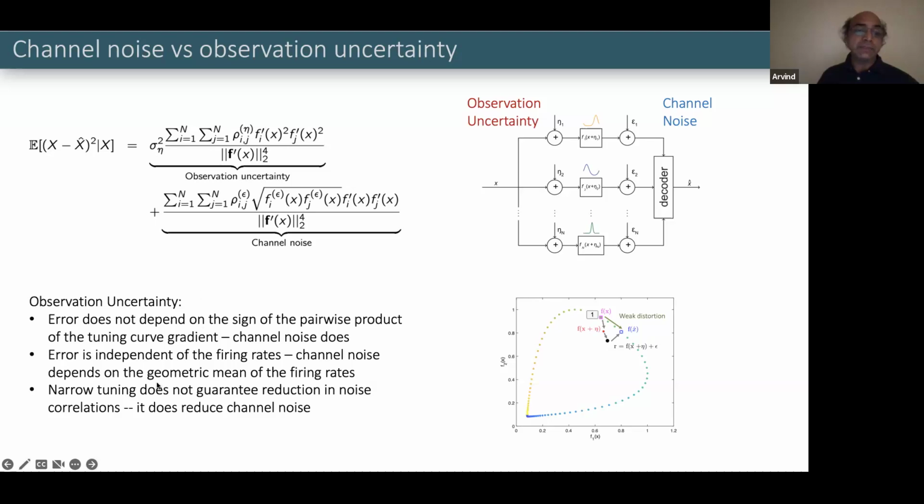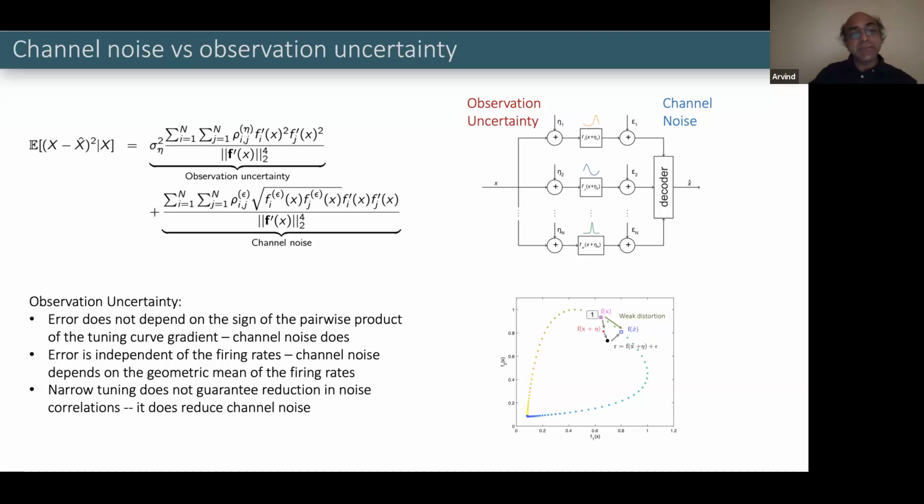At least for this, narrow tuning does not guarantee a reduction in noise. Whereas if it were the channel noise, if the tuning becomes narrower, we get a better coding. So this is something that one could now develop and perhaps try to measure observation uncertainty and channel noise.